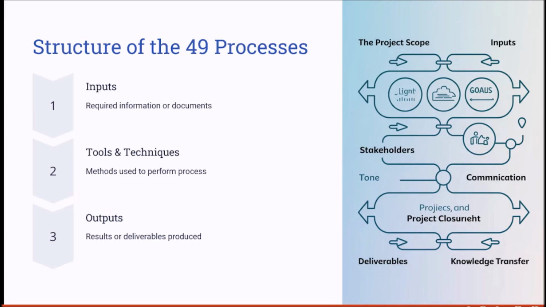Depending on the process, each will have some unique ITTOs, and some of them may have common ITTOs, like expert judgment, the business case, or the project management plan. And the output of the develop project charter process is the project charter document. This ITTO structure ensures that every process is executed efficiently and contributes to project success.